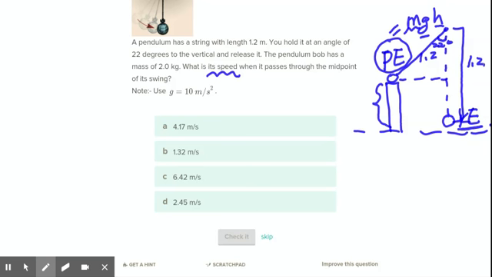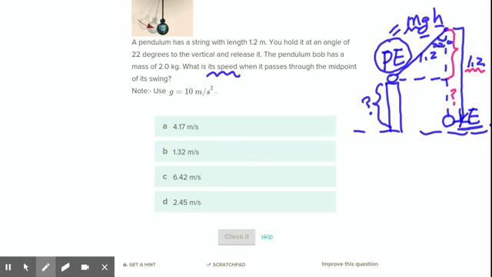So in order to find the actual height, you have to find, let me use a different color, this little side. So we can use 1.2, subtract the red side, and you will get the question mark side. Okay?